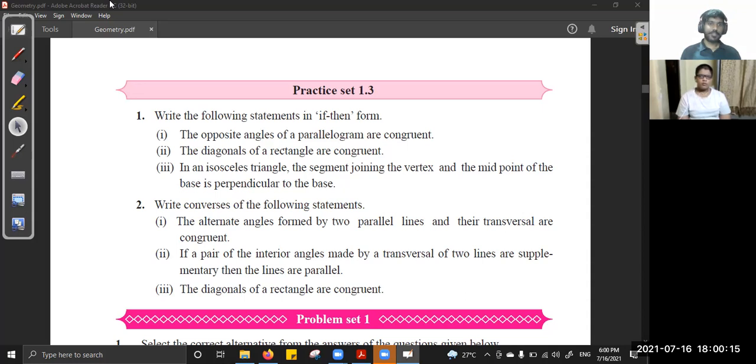Yes, try. If a triangle is an isosceles triangle, then the segment joining the vertex and the midpoint of the base is perpendicular to the base. Correct, absolutely correct.